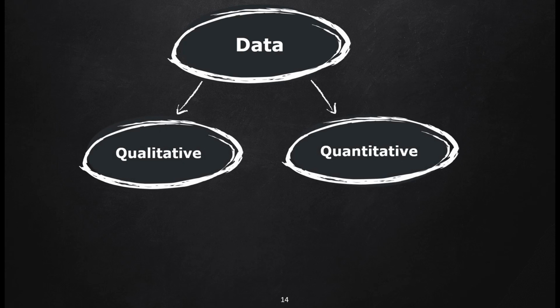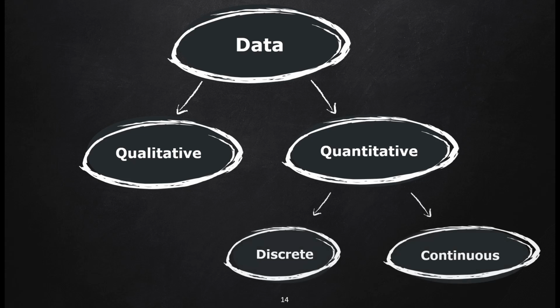It can be broken into qualitative, categorical, or quantitative, numerical. And numerical data can be broken further into discrete or continuous. This is another little flowchart here.